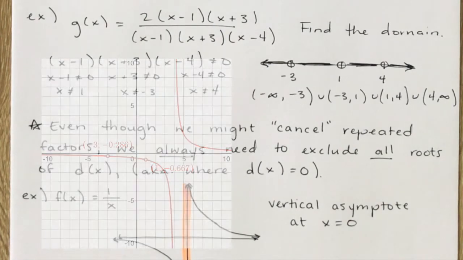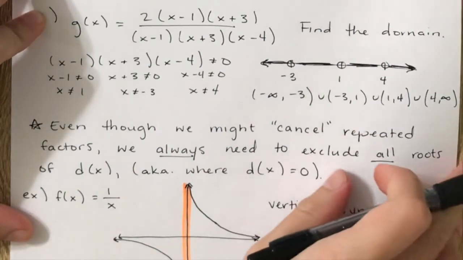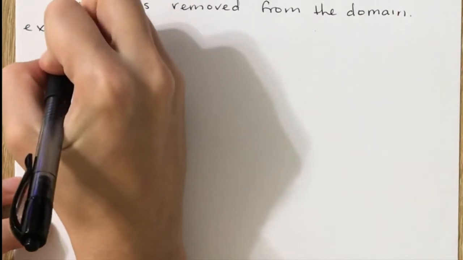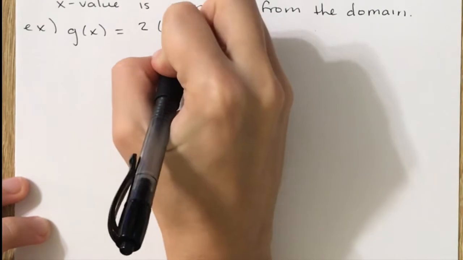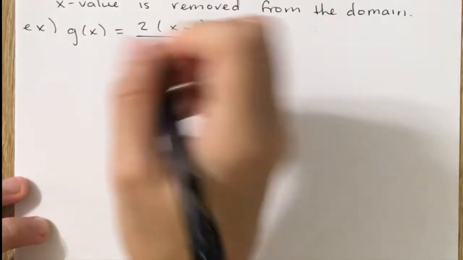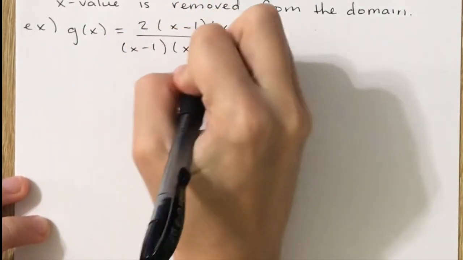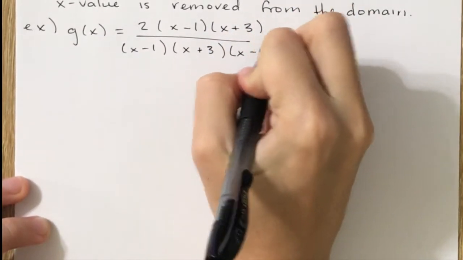Well, let's look at a graph. I'm going to copy this function down at the next part of our notes. So again, this is the same thing from before. We've got 2, x minus 1, x plus 3 over x minus 1, x plus 3, x minus 4.